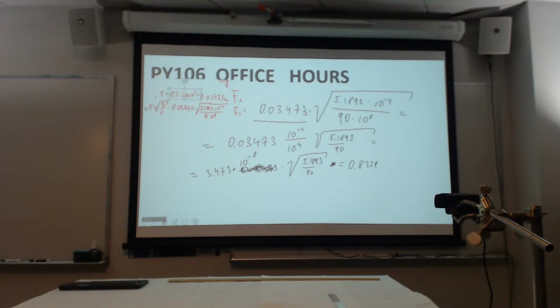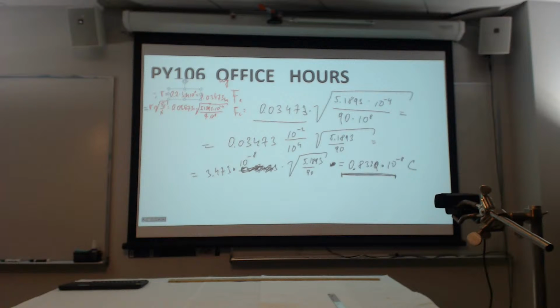Square root of 5.1893 divided by 19 times 3.473 equals, times 10 to the negative 8 coulombs. This is the answer, I believe now. After checking all steps of the calculation, this is supposed to be the answer.